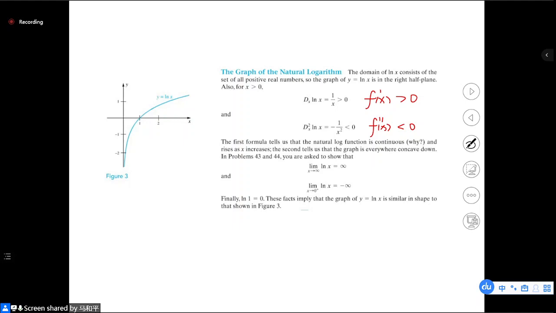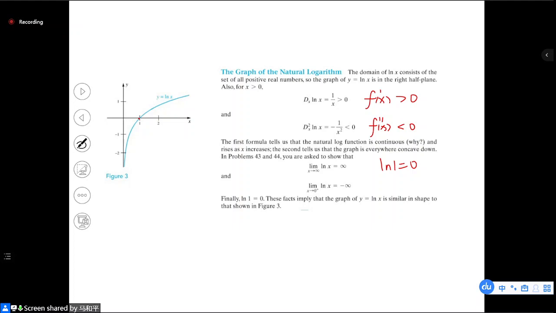Yes, it's concave down. So this means log x is increasing and concave down. And we know log 1 is 0, right? So the curve goes through the point (1, 0), and it's increasing and concave down.